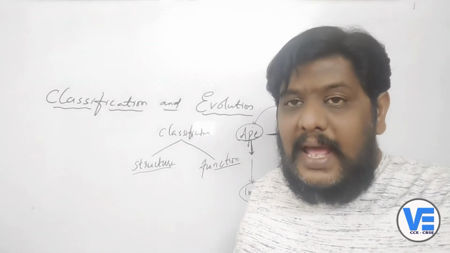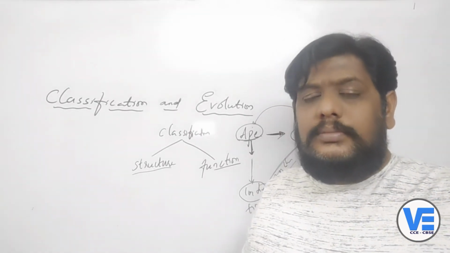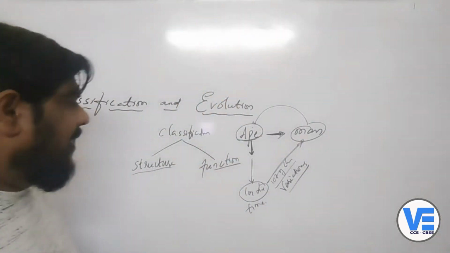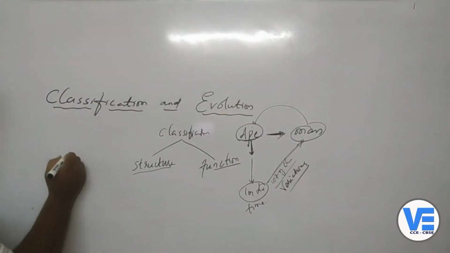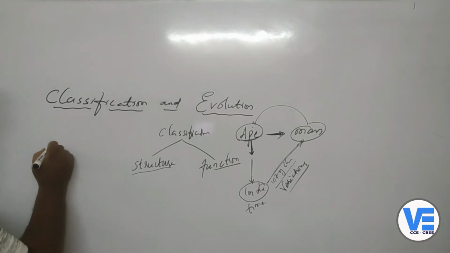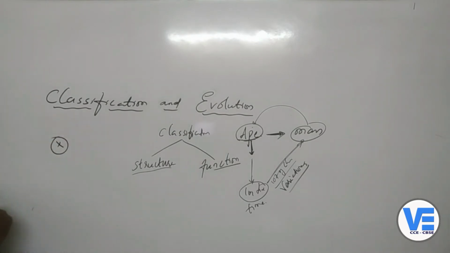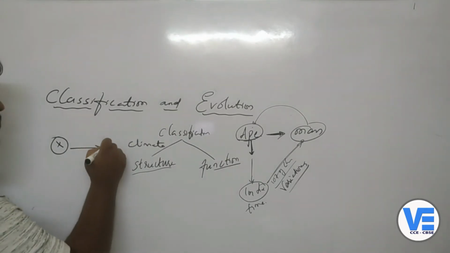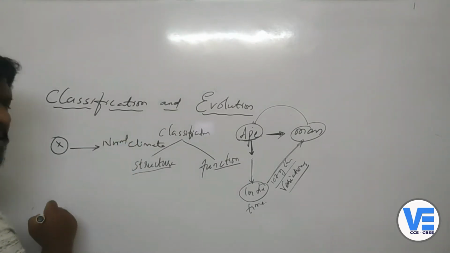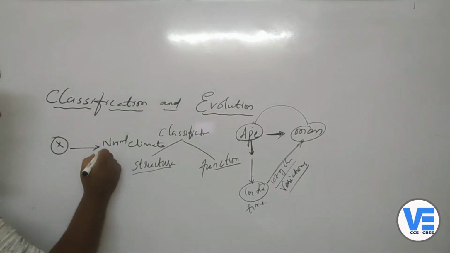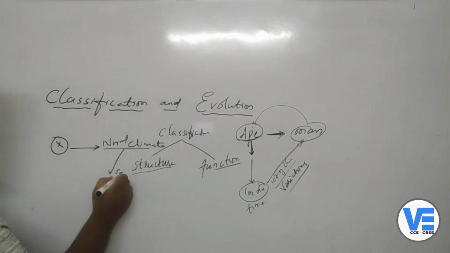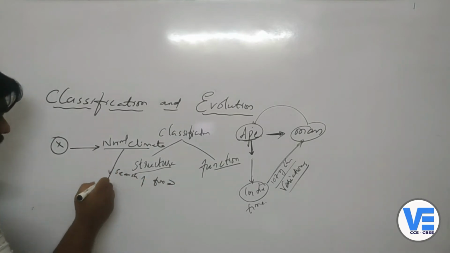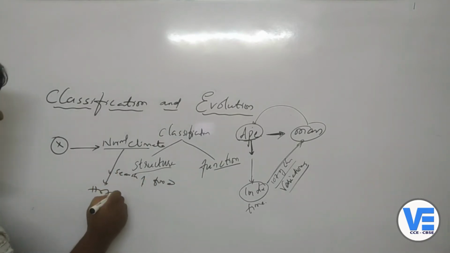Some of the animals might have also changed their characters in this way. Let me explain like this. For example, there is an animal called X. This X animal lives in a normal climate. Now in search of food, it has gone to a place where the climate is hot.